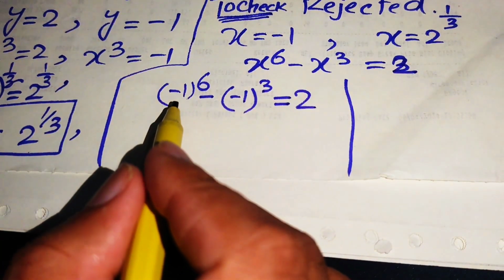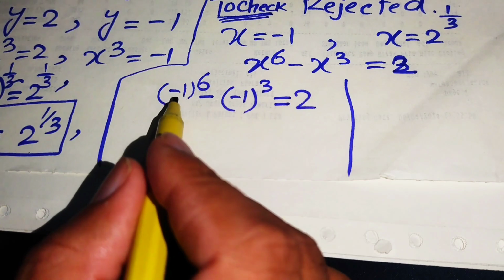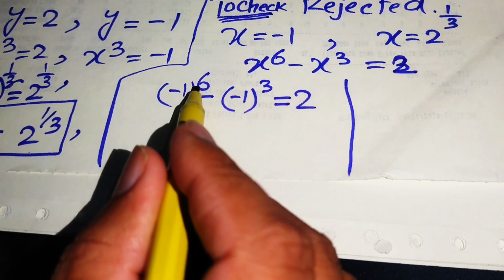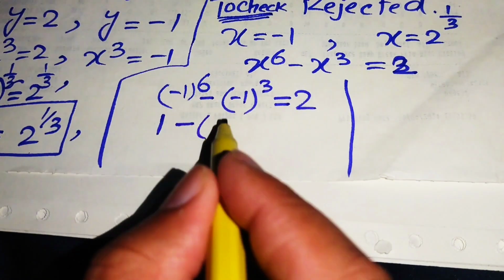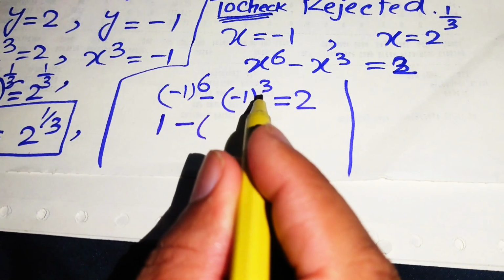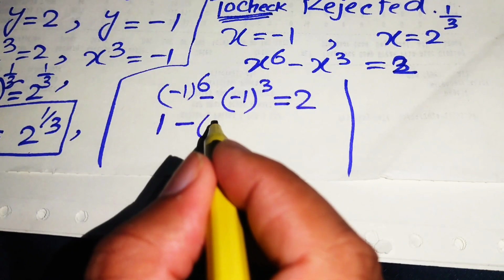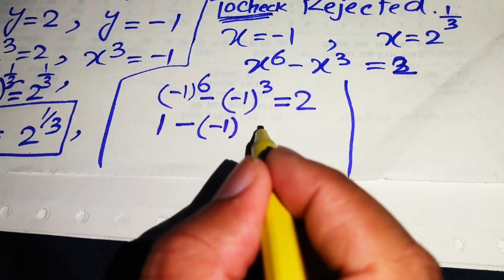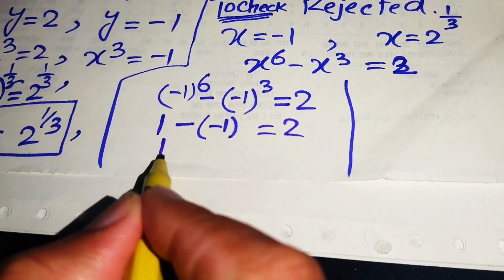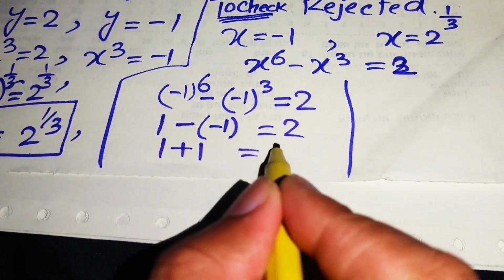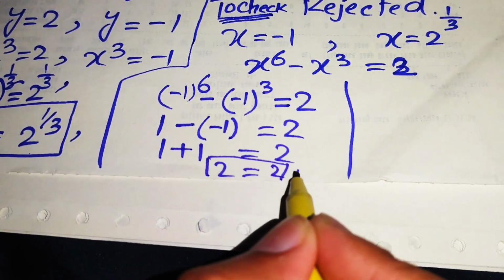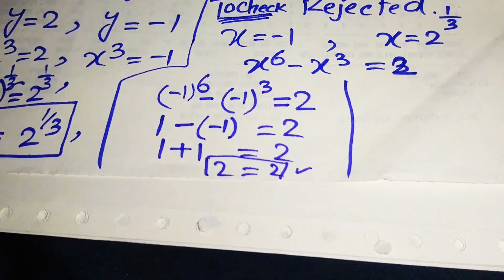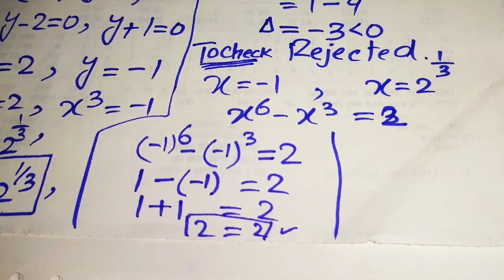So you see that if we have the negative sign with an even exponent, it becomes positive 1, and if we have the negative sign with an odd exponent, it becomes minus 1. So minus times minus becomes 1 plus 1 equals 2, and we get 2 equals 2. So this shows that x equals minus 1 satisfies the given question statement.